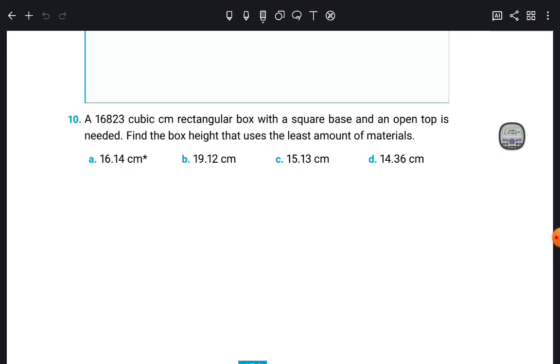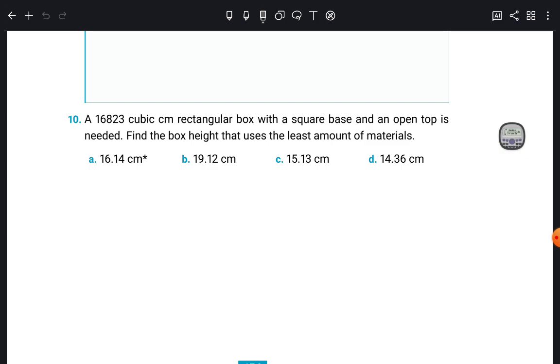So remember our first step in solving optimization problems. What we want is to find out the variable or the quantity that we want to minimize or maximize. So in this case, we want to minimize the amount of materials in a box.